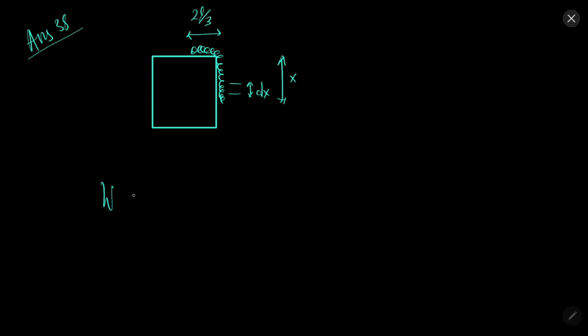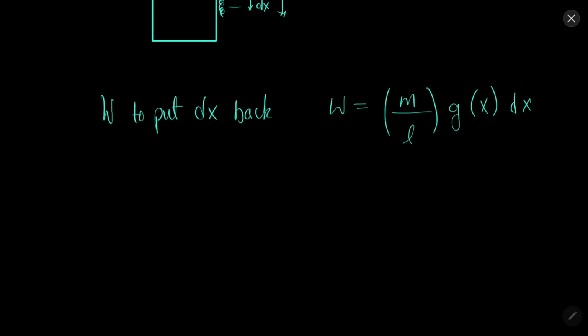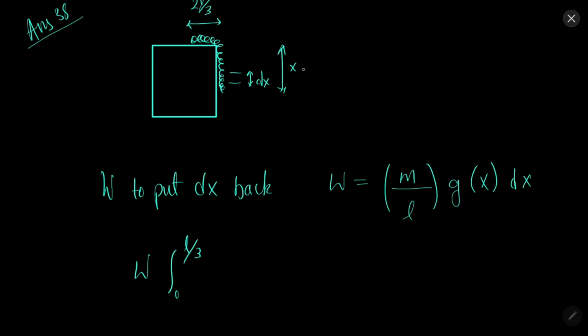So the work done to put dx back will be mass per unit length into small distance into g into total length into small distance dx, force into distance. So work done will be integral from 0 to L by 3, as this L by 3 part has to be lifted up.